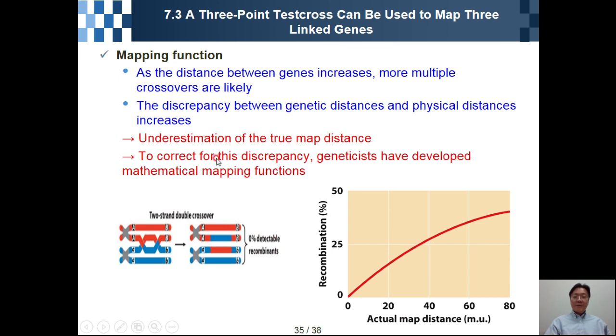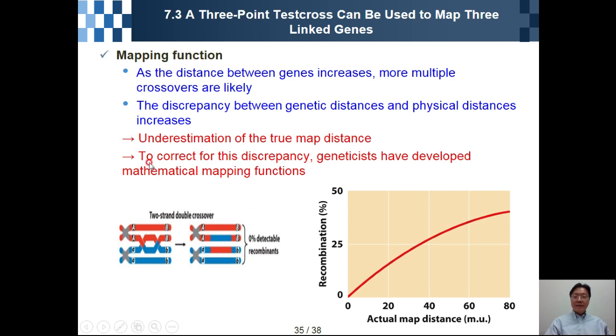So to correct for this discrepancy, geneticists have developed a mathematical mapping function. So for example, if the recombination frequency is around 30%, the actual mapping distance will be 40, which is like this.